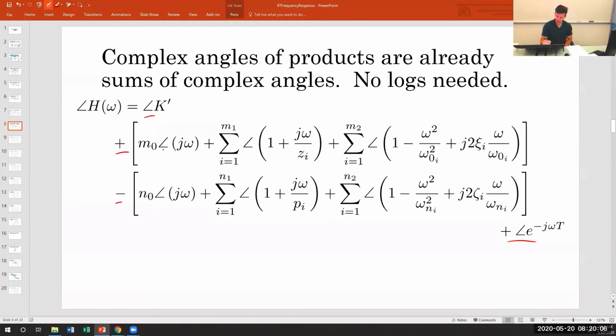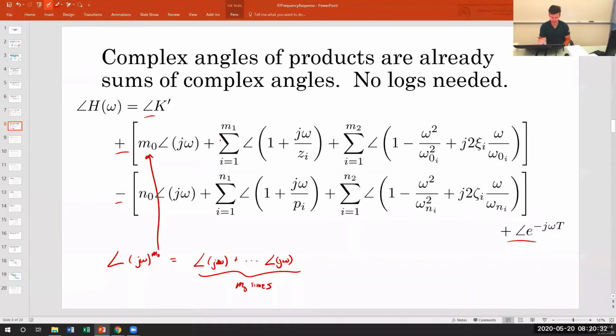What else can we see? We see that the phase of (j omega) to the m0 is the same as adding the phase of j omega m0 times, which is why I can write it like this. m0 multiplies the phase.